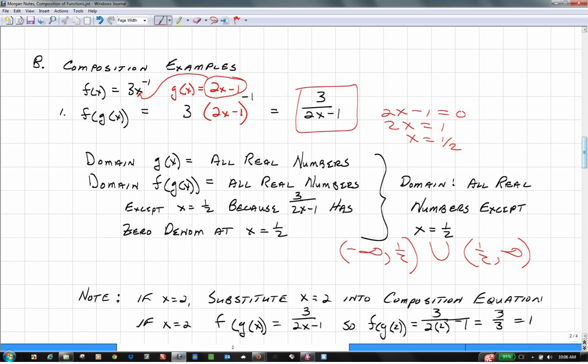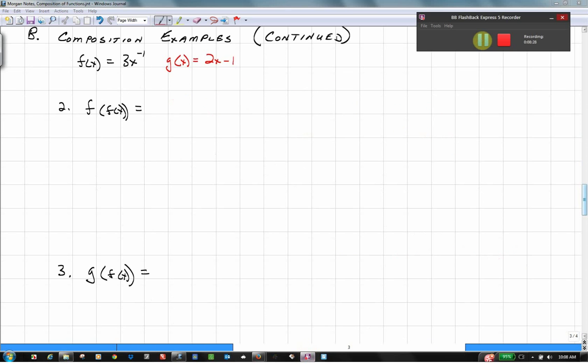Okay, let's go to another one. Here's another composition of functions, and let's take a look and see what it's telling us to do. It's telling us to put the function f into itself. So if I'm going to do that, here's my 3.